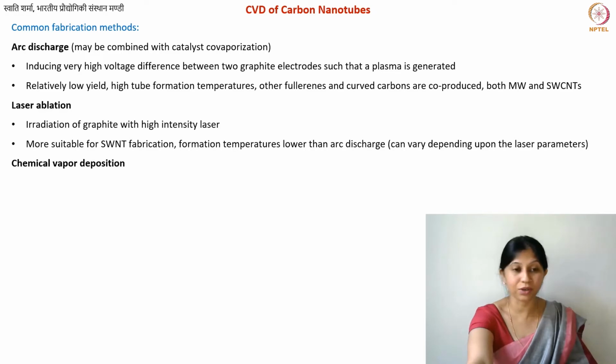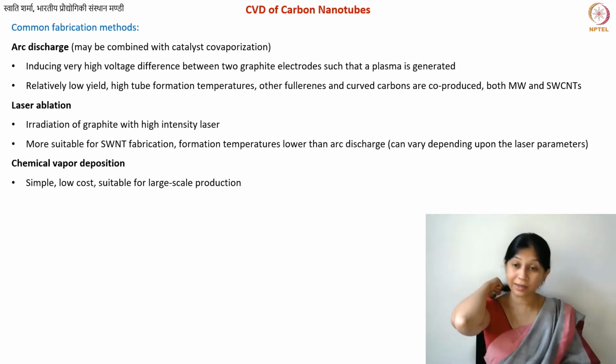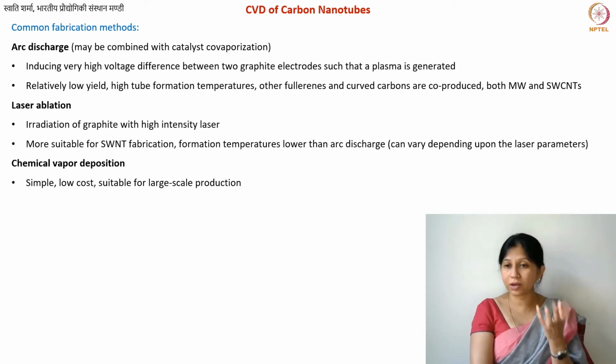CVD we are going to discuss in a little more detail, because you already understand the fundamentals of CVD. It's very similar to what we learned in the case of graphene, and also the fundamentals of CVD reactors. So I would again suggest that you go through that lecture. The hot wall reactor, the cold wall reactor, the fundamental things remain the same, and even the pyrolysis process remains the same.